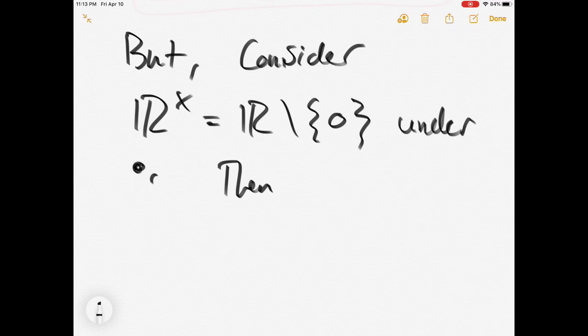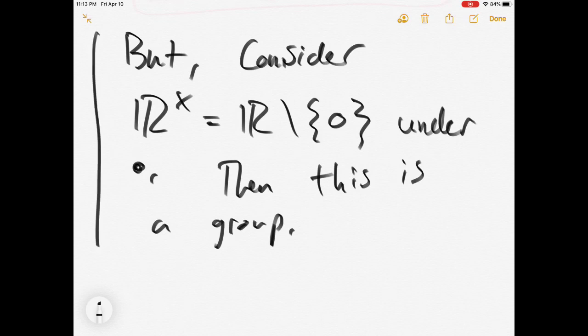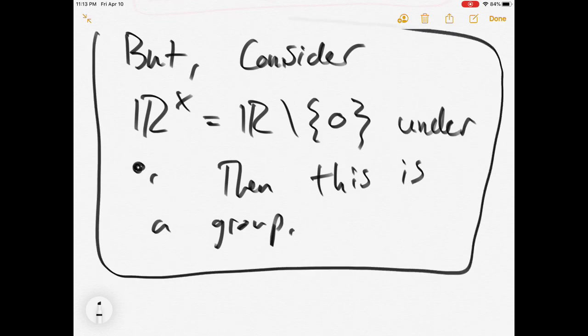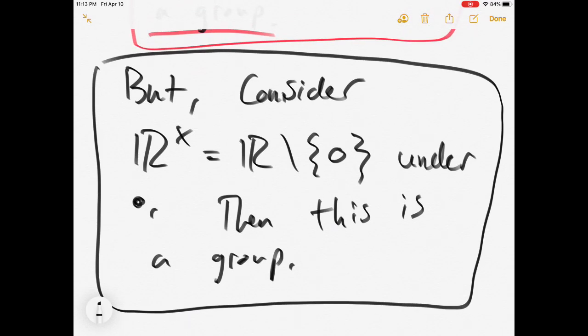Then as an exercise, this is a group. So by taking away 0, this becomes a group. Okay, so we've defined what a group is. We've seen a few examples. In the next lecture, we'll go over a few more examples and then we'll talk about properties of groups.